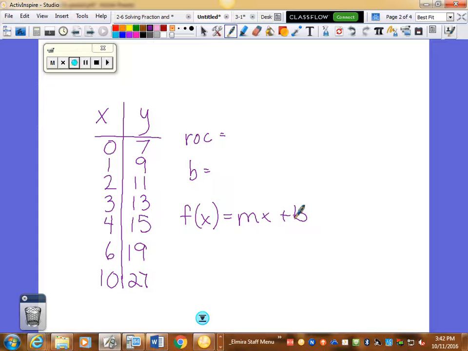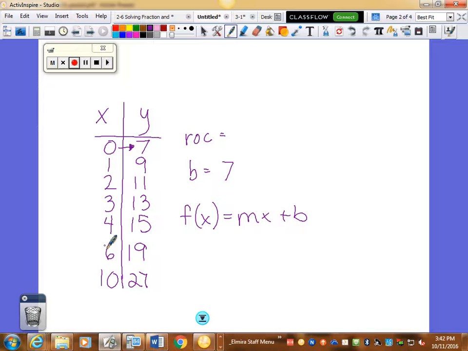The easiest thing is usually the b because it's right across from 0. It's 7. Rate of change, again, has a couple different methods we talked about in class. When I see that the x side is counting by 1's, at least up to a certain point, and the y side is counting by 2's, I can do first differences. The first differences would be 2.